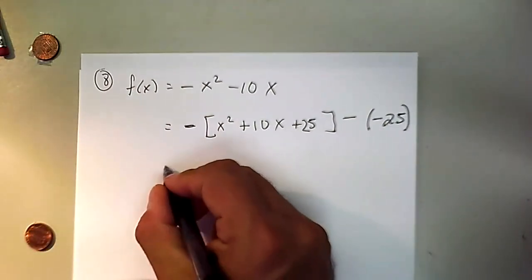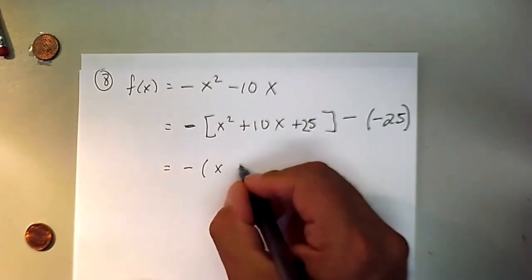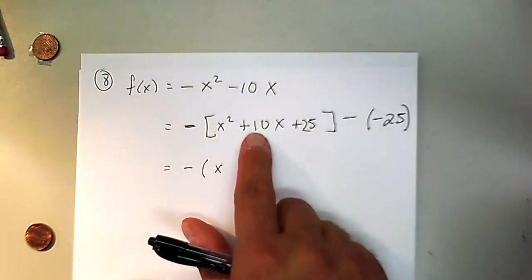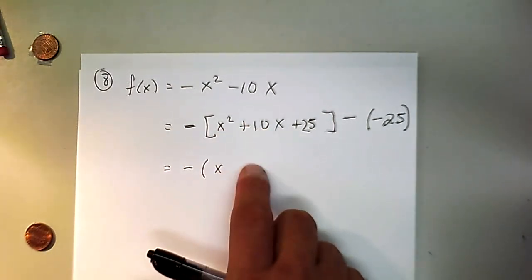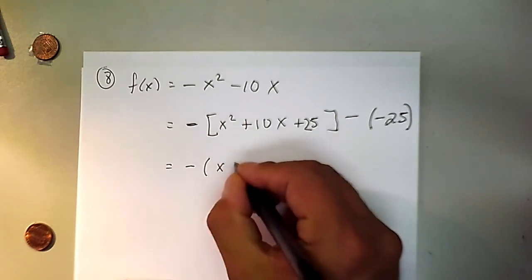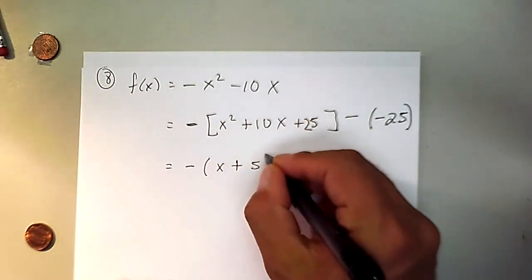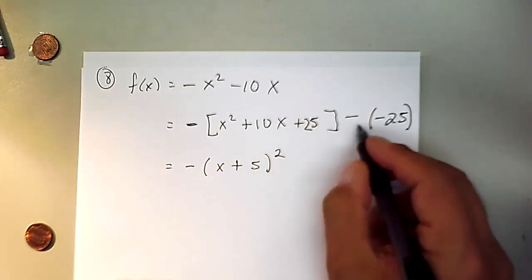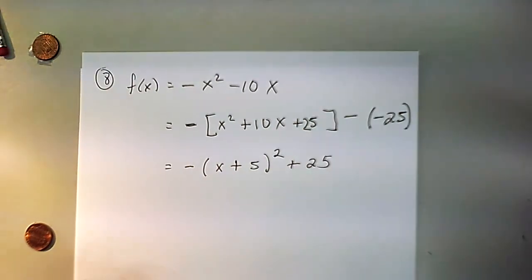So we have minus quantity x. That's interesting because now we are not going to have minus 5 quantity squared. We're going to have plus 5 because of this positive quantity squared, and then double negative plus 25.